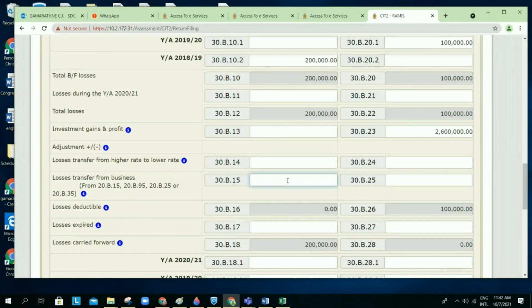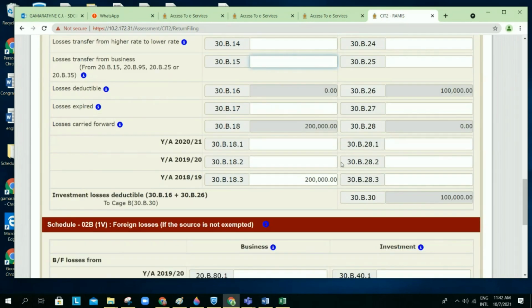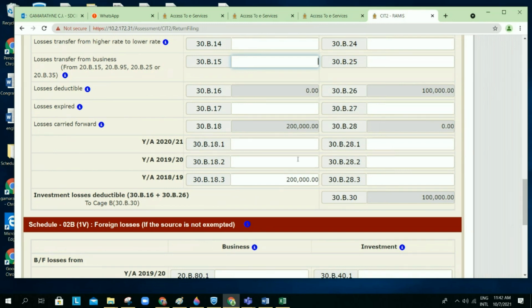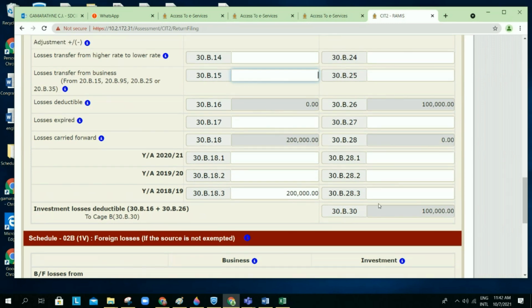Otherwise, we already provide a message when you enter the value in one place. Then loss deductible total comes here, and same as the loss expired gauge and also the loss carried forward breakup. In this gauge the total comes to here as deductible losses.